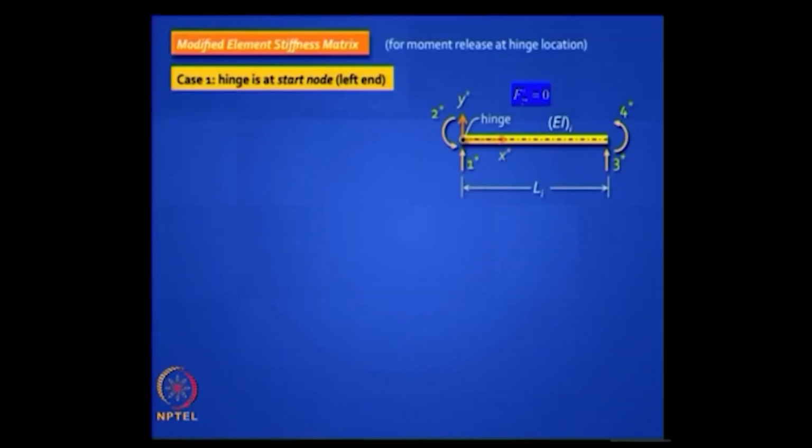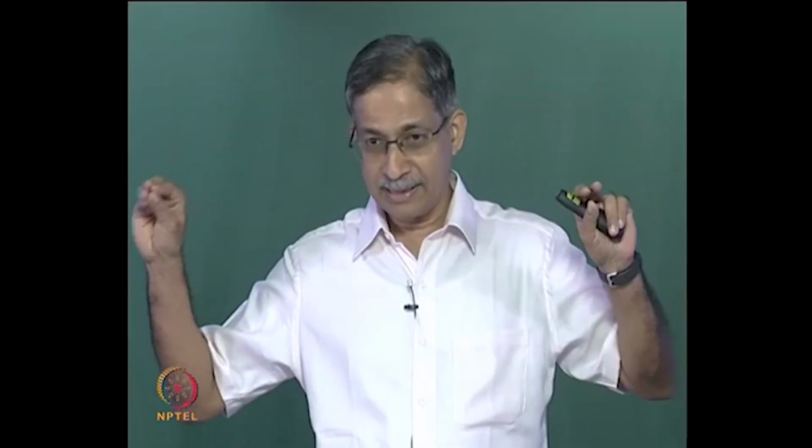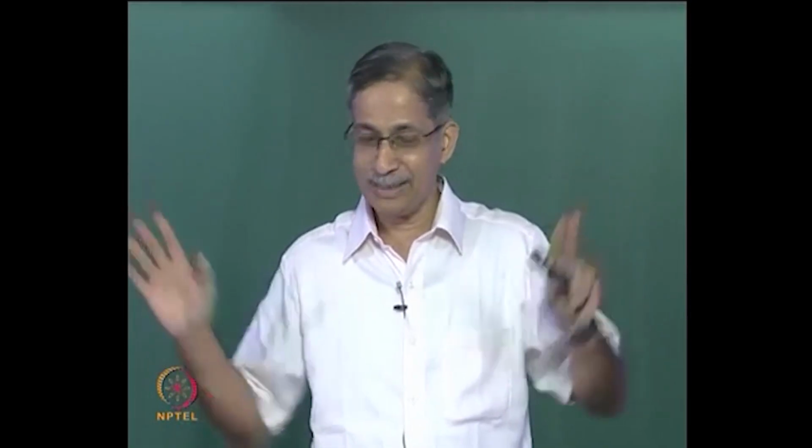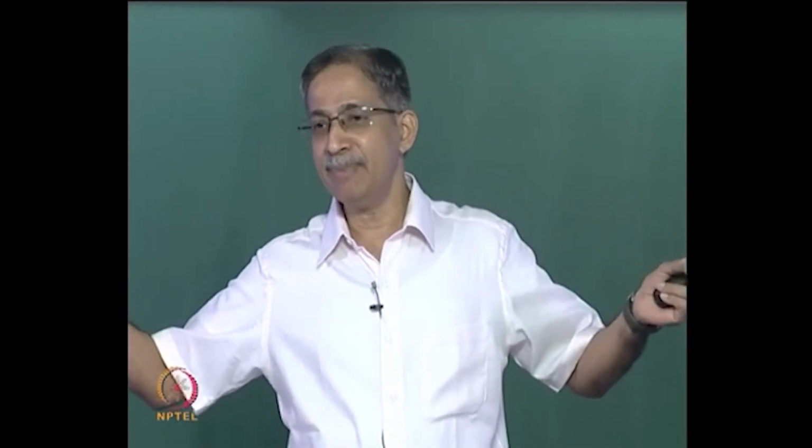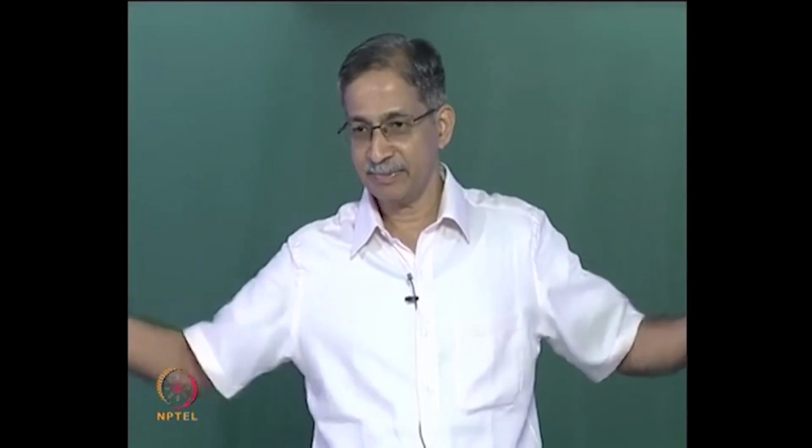You have got a beam, the hinge can be at one end, left end, right end or both ends. You can have 2 hinges inside a structure. So let us handle all possibilities. For example, the balance cantilever bridge has 2 internal hinges in the suspended span region, okay.